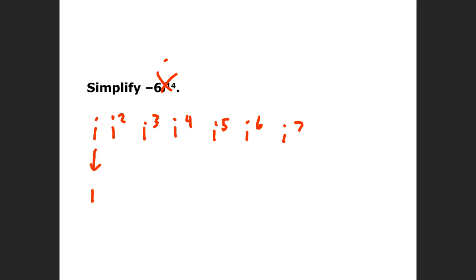So i is just i, right? We know what i squared is. They already told us i squared is negative 1. So what is really i to the third? i to the third is really i times i times i, or i squared times i. Well, we know i squared is negative 1, so that's negative 1 times i, which would give us negative i.